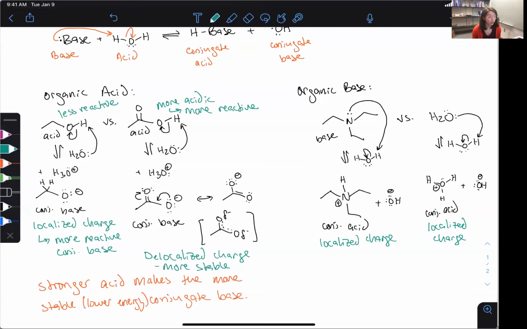So then we have to find a different way to compare them and see which one is more basic and why. So if we look at this, if we're comparing where the charges are, so nitrogen versus oxygen, we know that nitrogen is less electronegative than oxygen. So it's going to be more stable with a positive charge than oxygen.